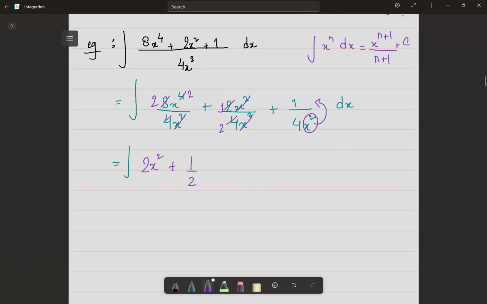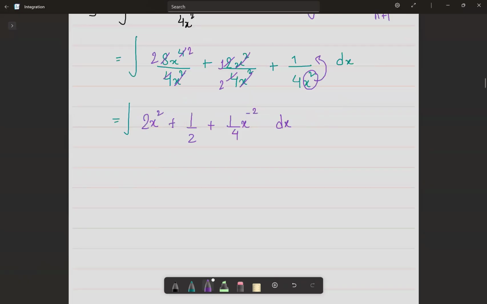And if we take this x square in the numerator, the power becomes negative. So we will have to write plus 1 by 4 x to the power of minus 2 dx. Now we are all set for integration, right? Because now everything is simplified.